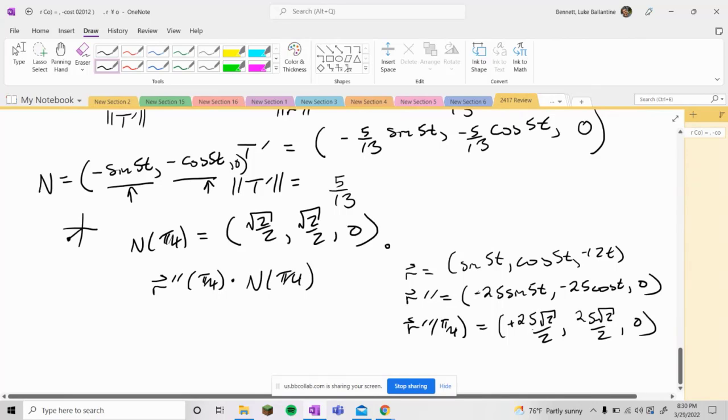And we're going to dot this. 25/2 plus 25/2 is 25.